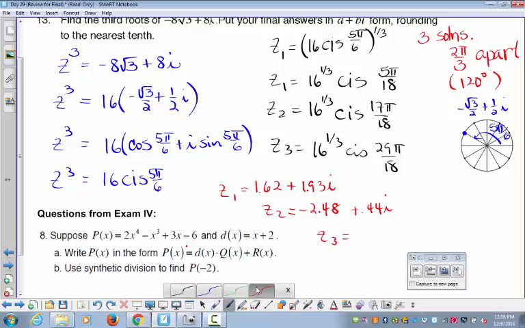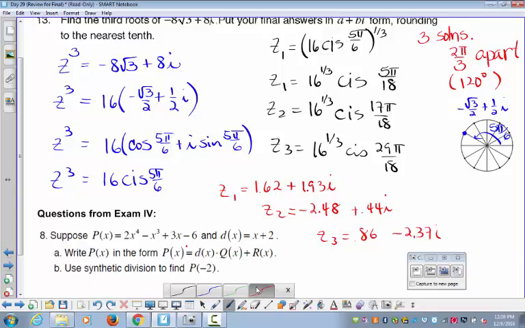For the third, we have to change 17 to 29. Negative 2.375. All right, so here are the answers rounded to two decimal places.